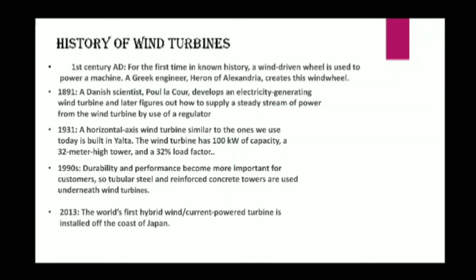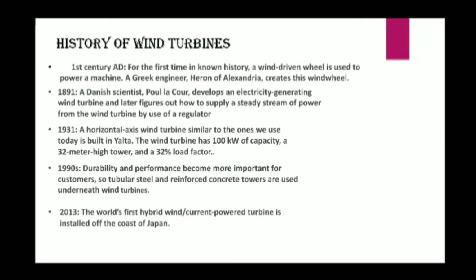History of wind turbine. In the 1st century AD, for the first time in known history, a wind-driven wheel is used to power a machine. A Greek engineer, Heron of Alexandria, creates this wind wheel. In 1891, a Danish scientist, Poul la Cour, develops an electricity generating wind turbine and later figures out how to supply a steady stream of power from the wind turbine by use of a regulator.